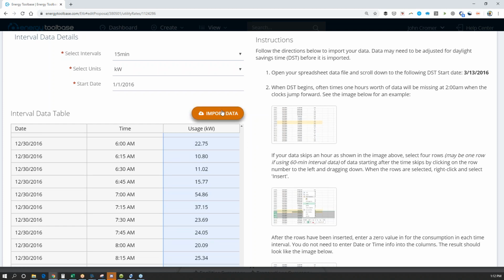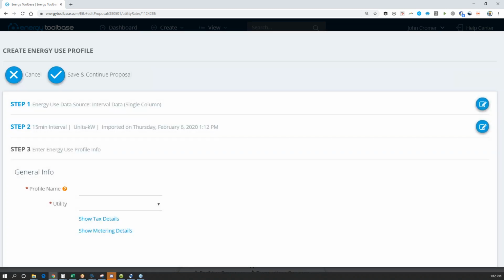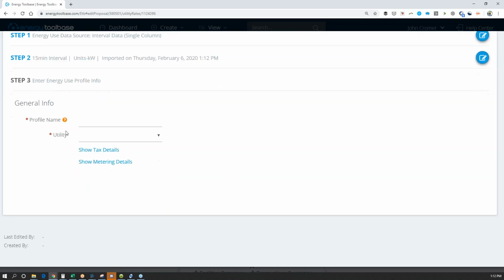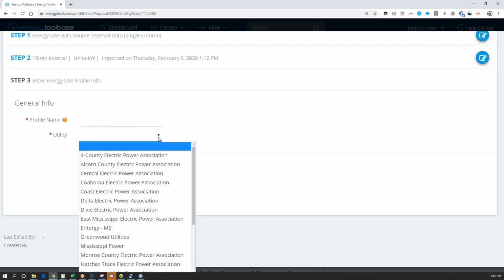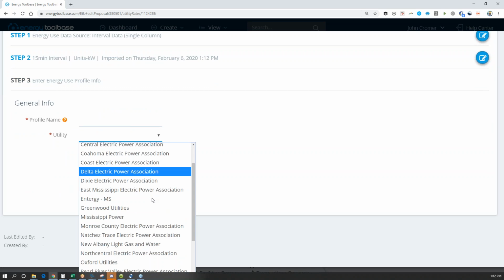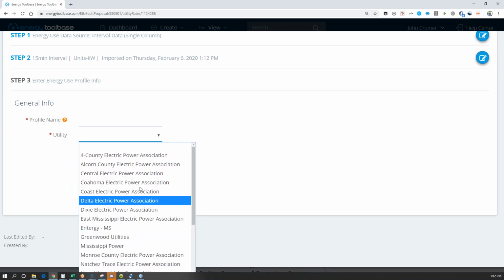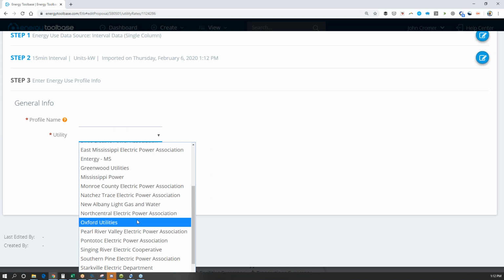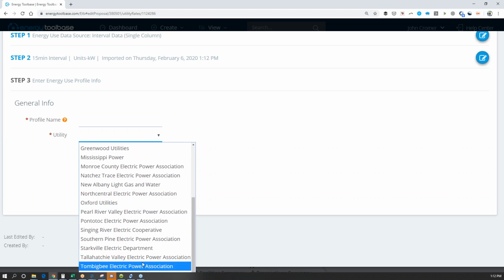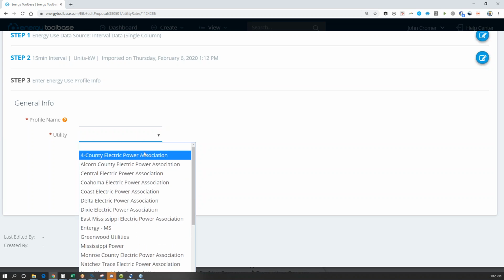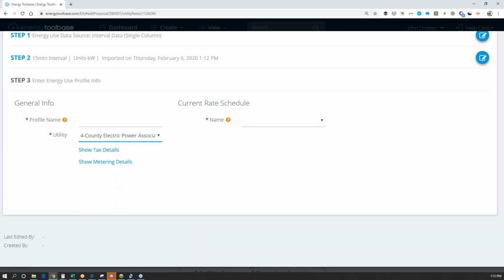So we'll select import data. And now it says we need to select a utility. And here are my preloaded electric rate structures. I'm going to use 4-county just for expediency.